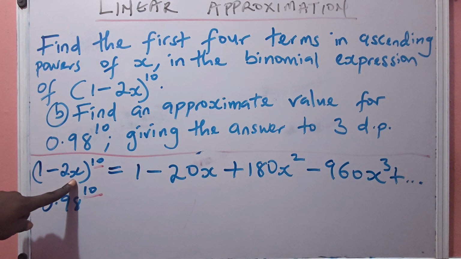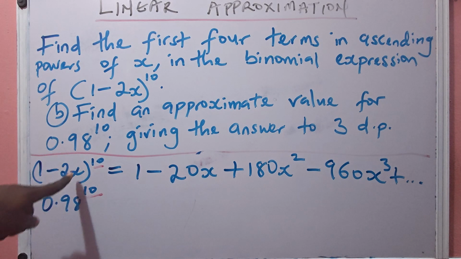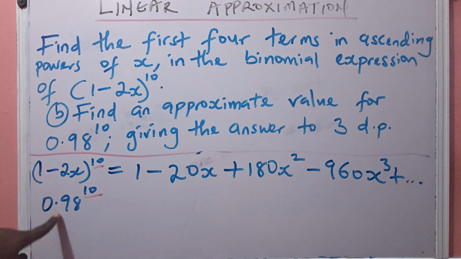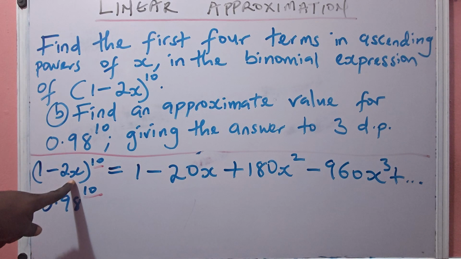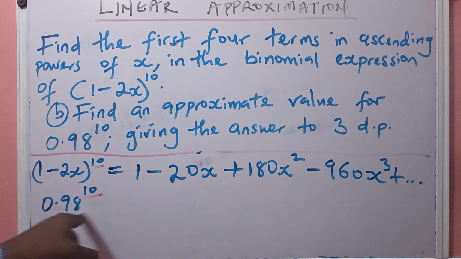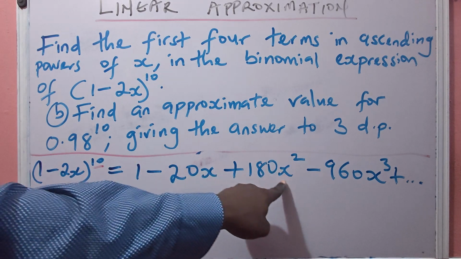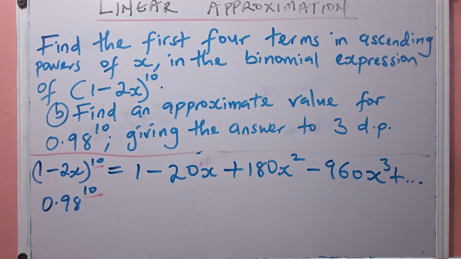What should my x be for me to turn this whole 1 minus 2x to 0.98? Whatever value x was, all you would have to do for you to arrive at the final result for this, you go on to fix that value of x into this expression, and that will give you your final result. That's the entire concept.